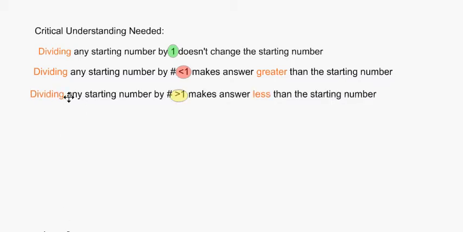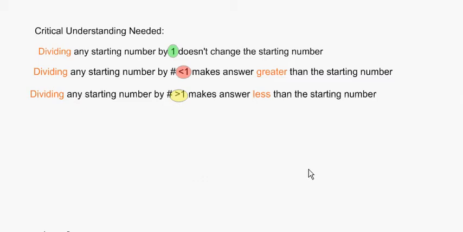And finally, dividing a starting number by a number bigger than 1 makes my answer less than my starting number. This is the one we're most familiar with. So if I start with a number 10 and I'm dividing by 2, a number greater than 1, 10 divided by 2 is 5, and I expect my answer, 5, to be less than what I started with, because I'm normally dividing by numbers that are bigger than 1. 6 divided by 3 is 2, 20 divided by 10 is 2.